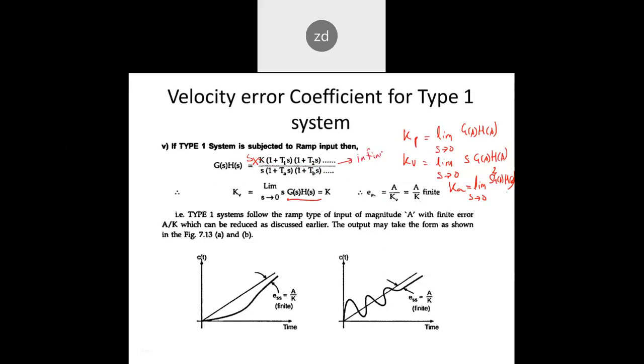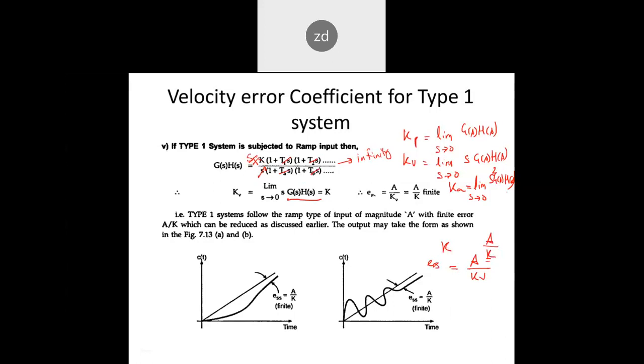So again infinity. But for a type 1 system, if you multiply with s, because this has s power 1, this s and that s get cancelled, and the rest of the terms become 0, so you are left with K. The error ess would be equal to A by Kv, which is some finite value, A by K, for a type 1 system.